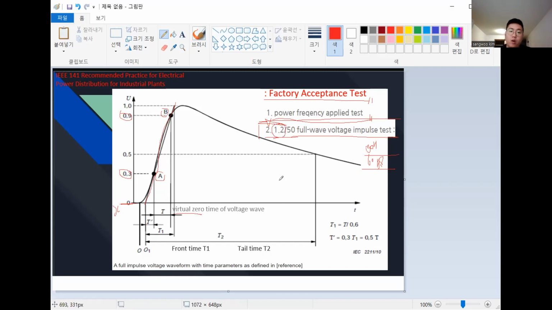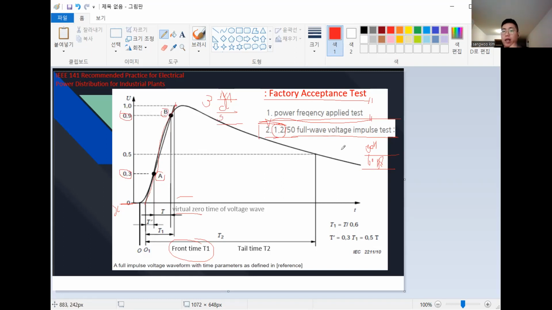What does that mean? From the virtual zero point to the peak point, we call that the front time T1. Within 1.2 microseconds, it has to reach the maximum peak point. I said there are three variables: one is voltage magnitude, second is duration time, and third is slope.